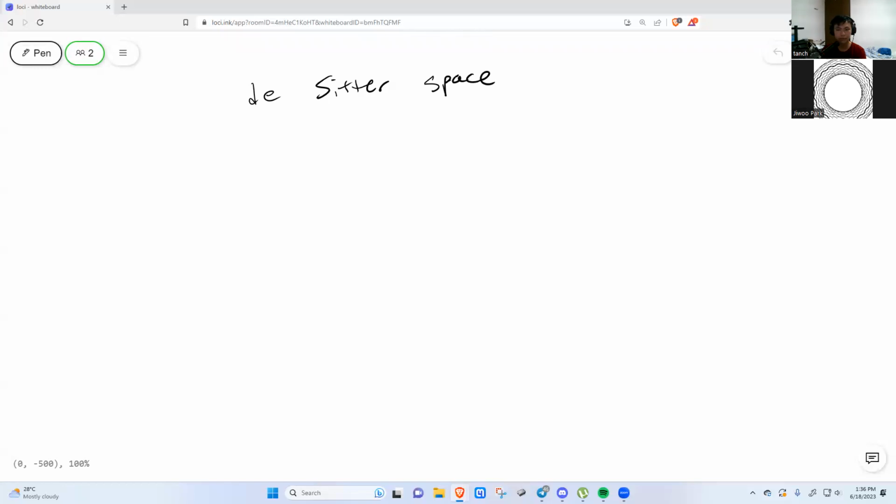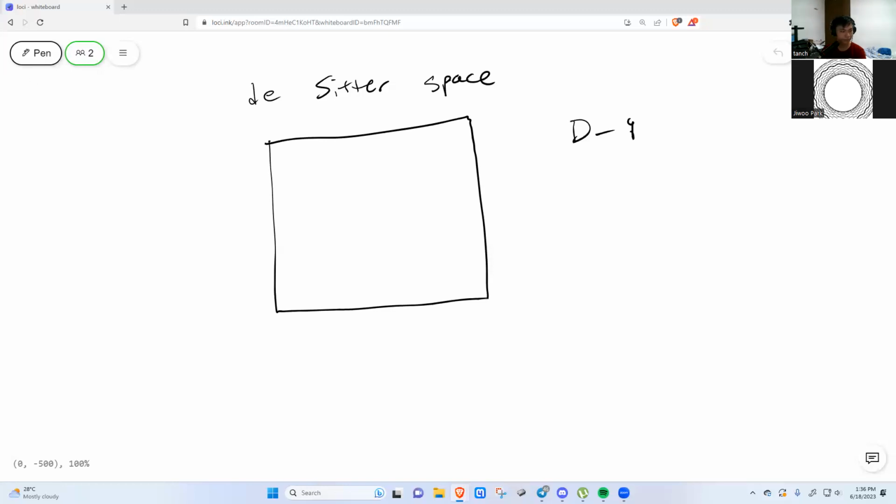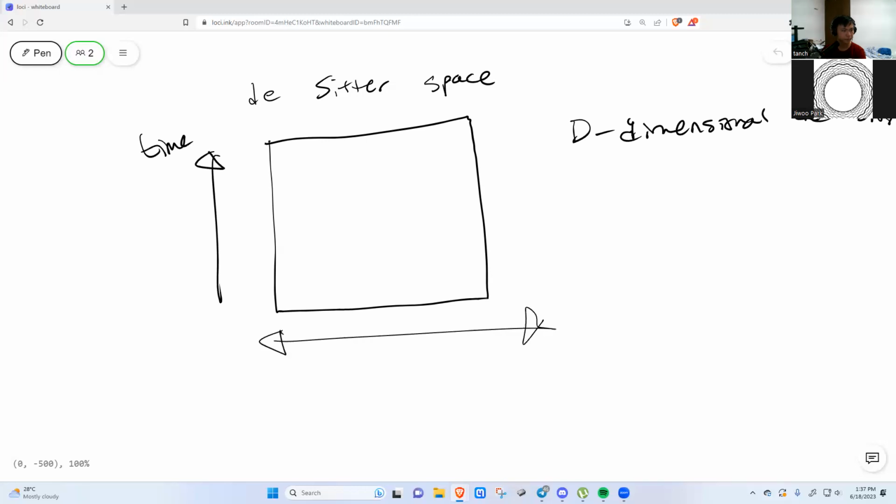Okay, so I'm going to draw the Penrose diagram of de Sitter space, which you can draw as a square, and I'm going to explain this. So assume that this is d-dimensional de Sitter space. We have time and we have space.